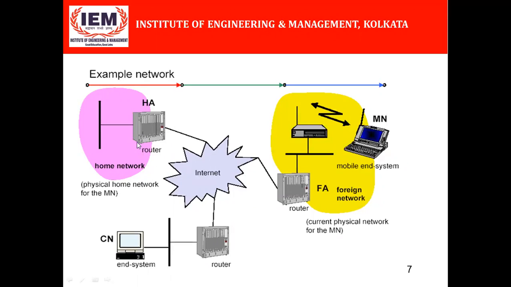Data packets contain the corresponding node's address, or source address, and the home address, meaning the destination address. Packets reach the home agent, but now the mobile node is not present under this home network.